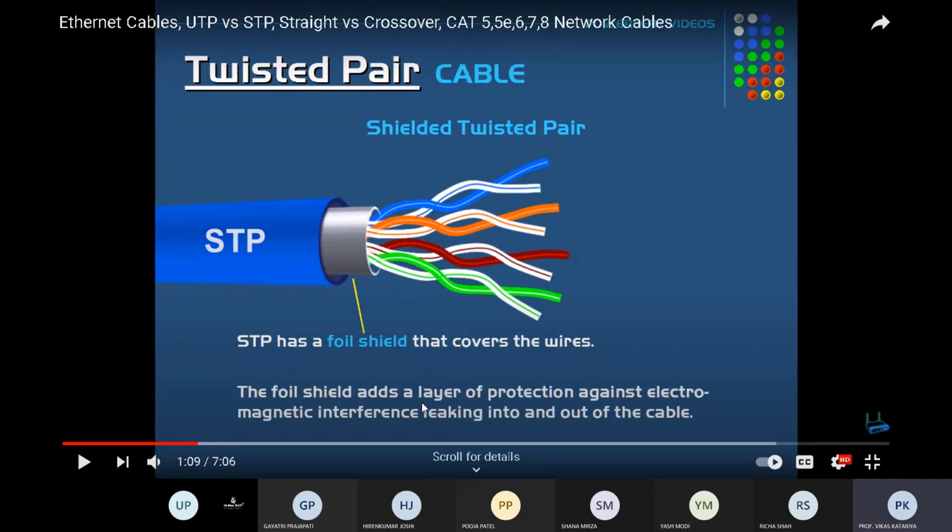So the foil shield adds a layer of protection against electromagnetic interference leaking into and out of the cables. So we have less magnetic interference by twisting it as well.